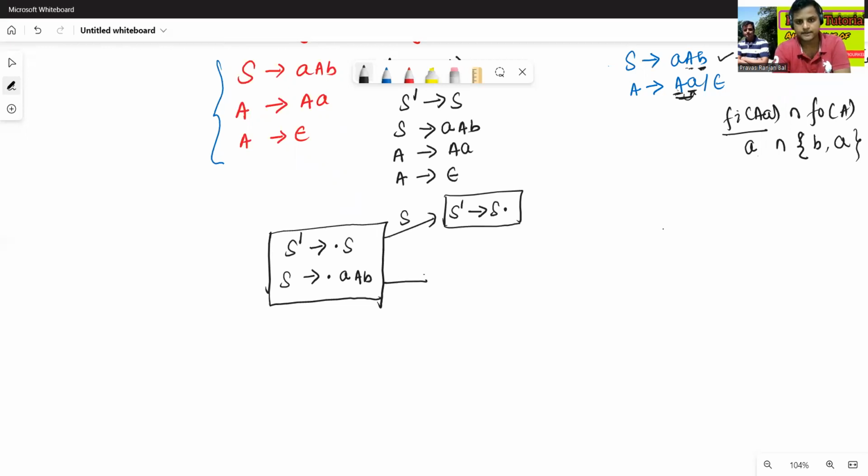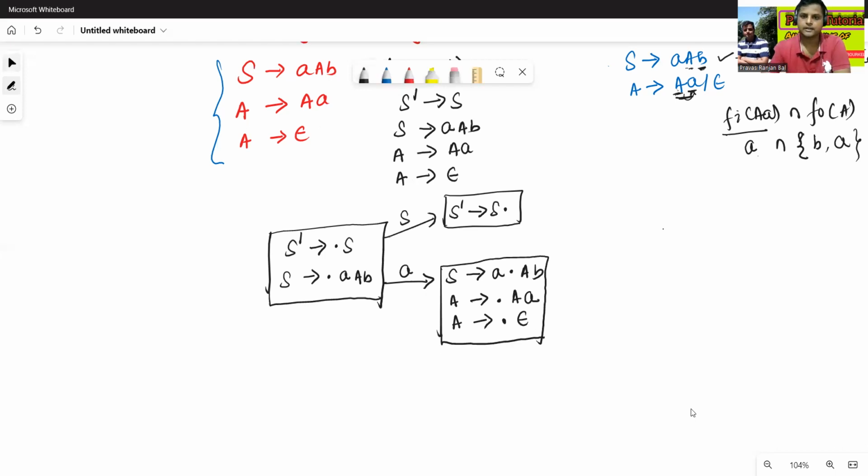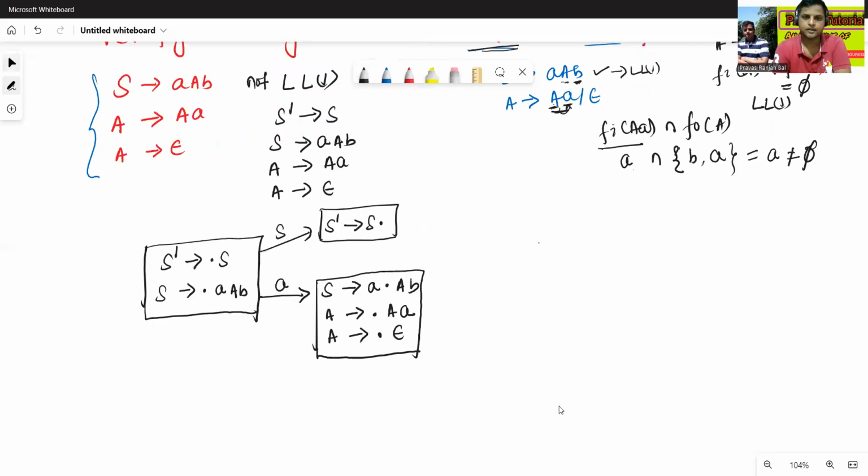Then here we'll scan A, then S → A.AB. Now we'll find the closure of A. So A → .A, then A → .epsilon.